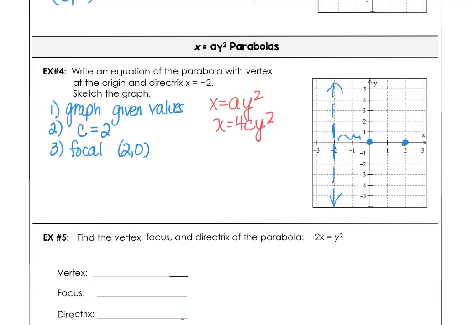At the focus, if we go up 4 and down 4, we would have the shape of our parabola. So a point is going to be at 2, 4, and another point is going to be at 2, -4, and our parabola is going to open to the right, a nice smooth curve.